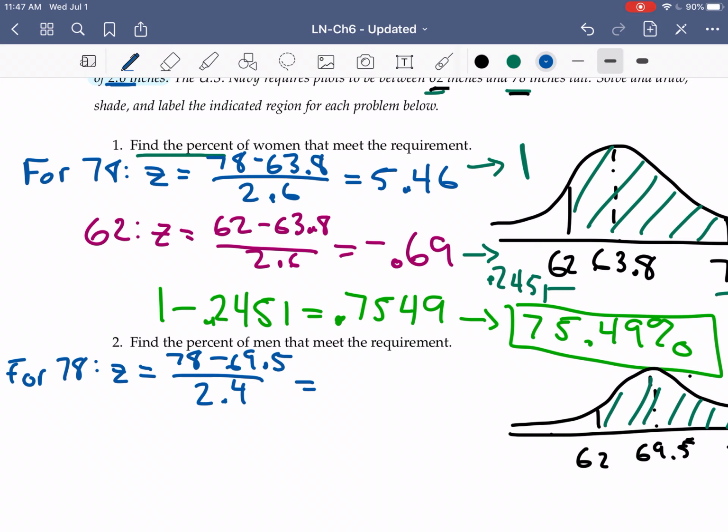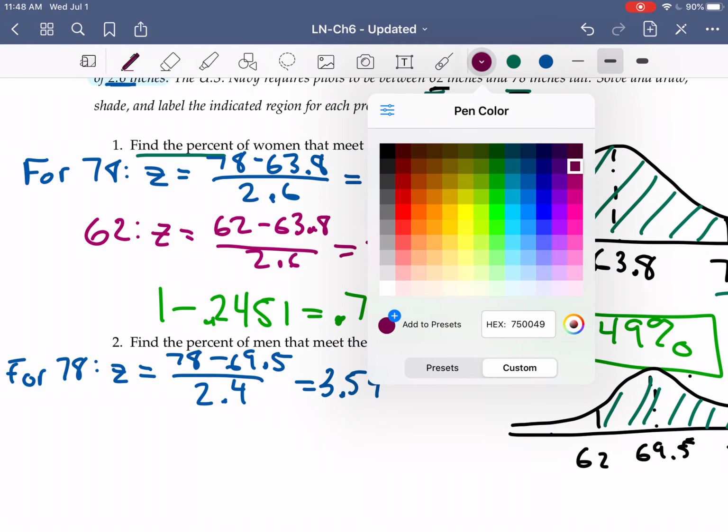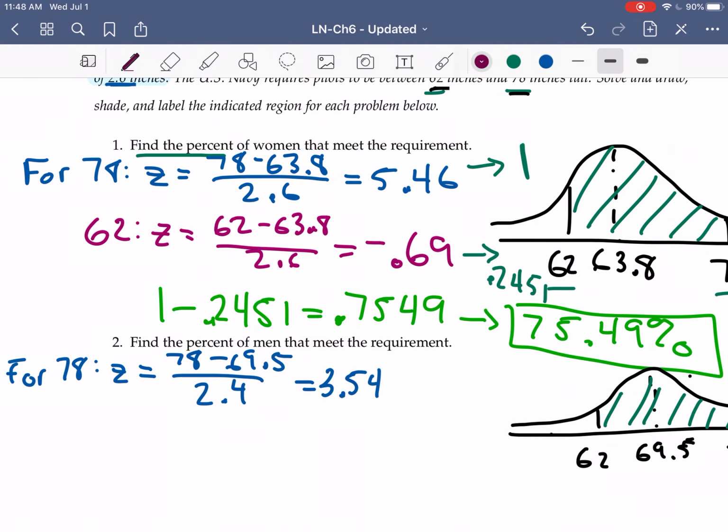So 78 minus 69.5 divided by 2.4. And when we do that, we'll get 3.54. Remember, that's a z-value. That is not an area or a probability yet, so we're still going to have to do some other calculations with that. We won't be done with that.